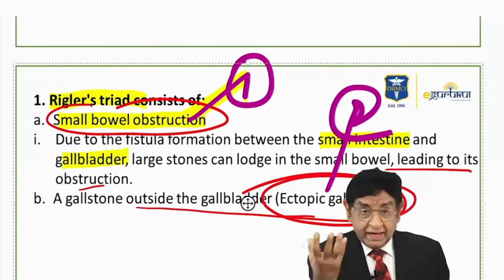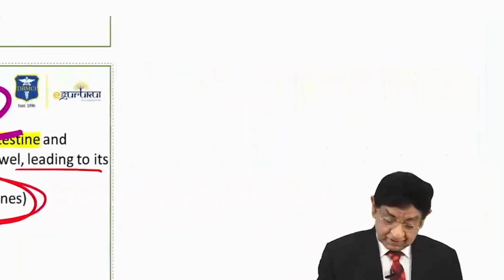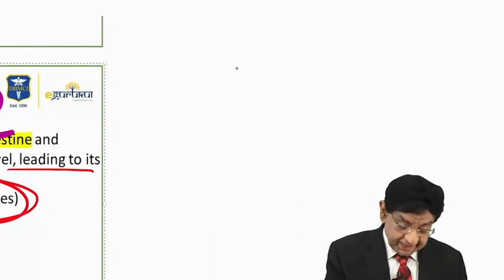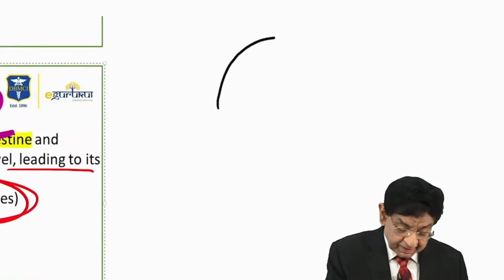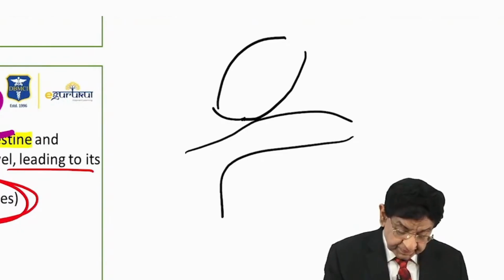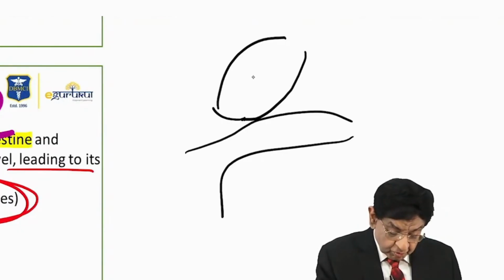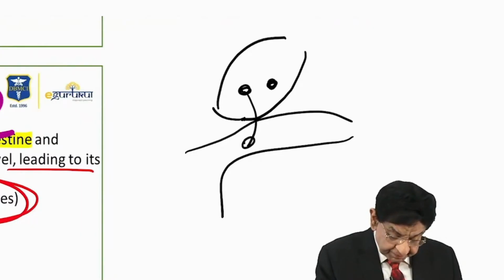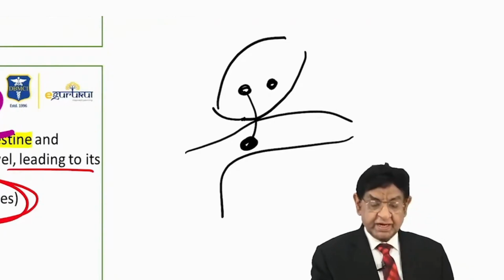And let's say once again, here is the gallbladder, here is the intestine, here is the stone. This stone has come here via the fistula.